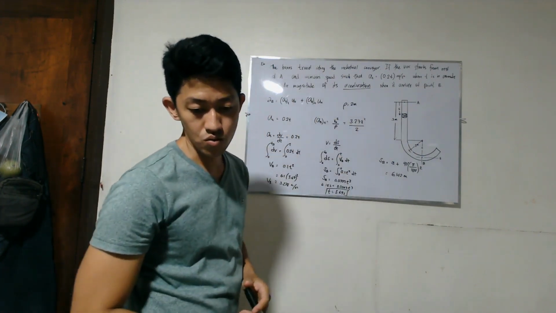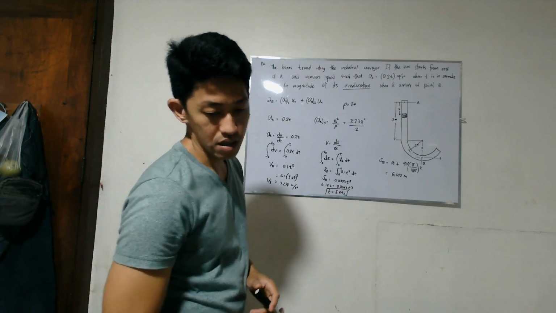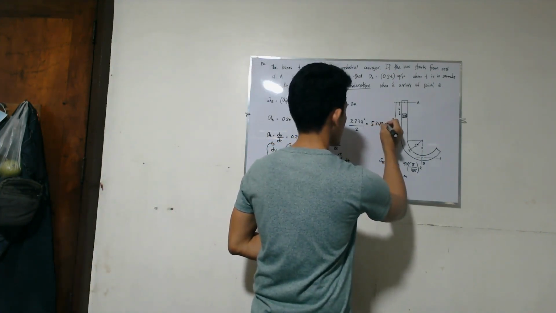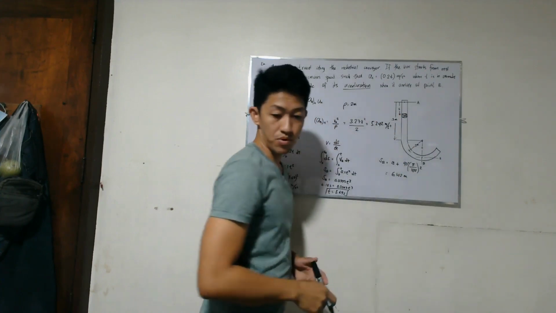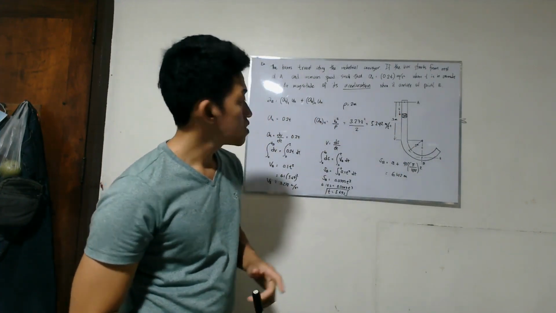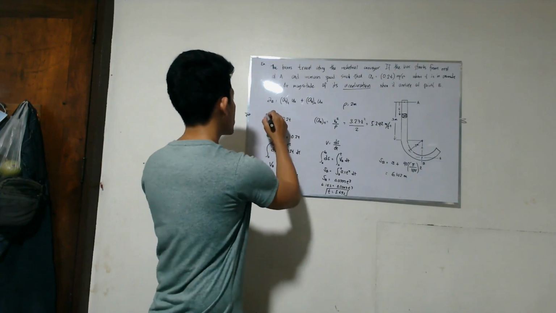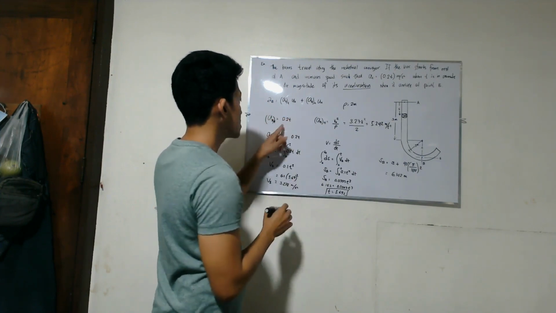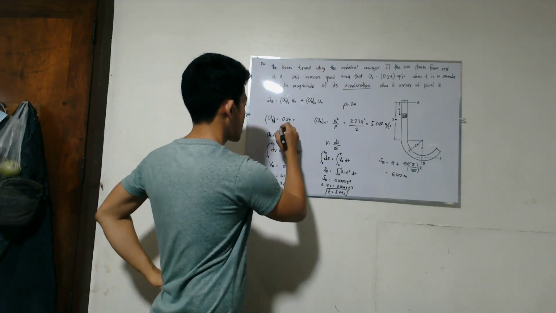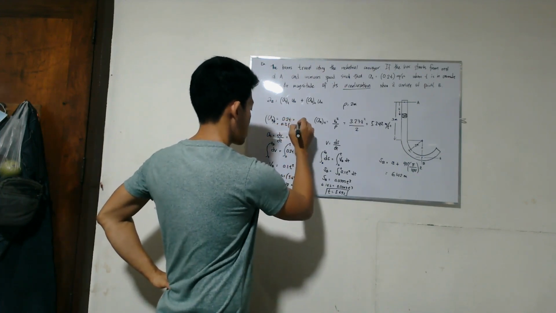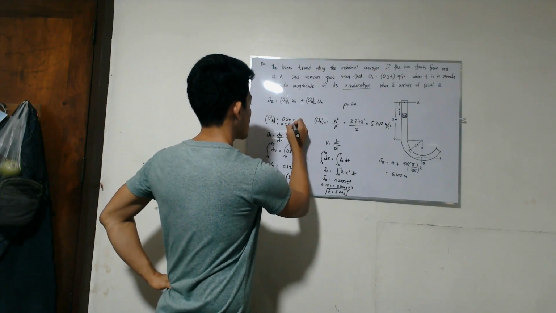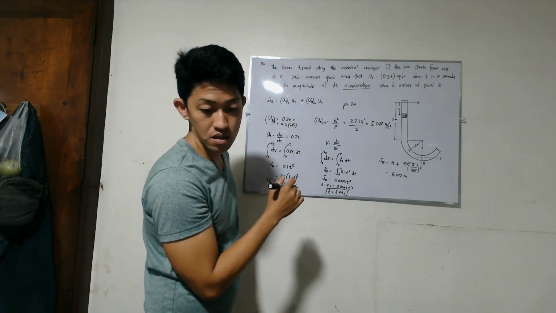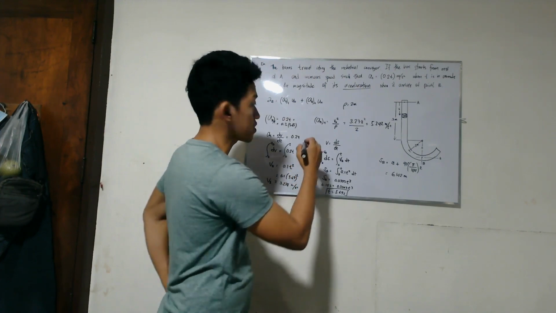Your rho is 2, right? So a sub n is 5.242. Now for your acceleration tangential, mo lang substitute ang time diri. 0.2 times 5.69. So this is just 1.138.